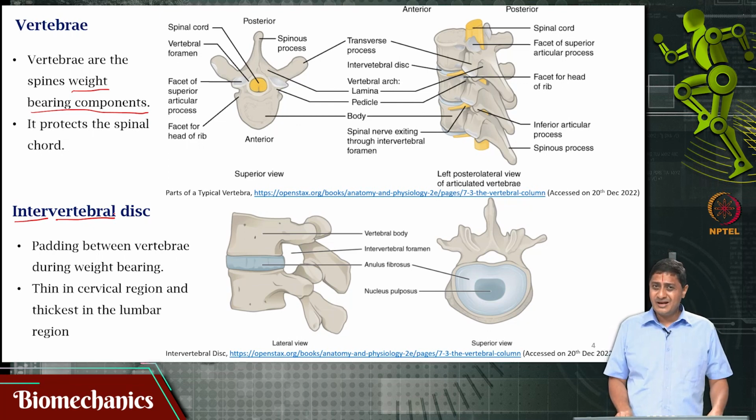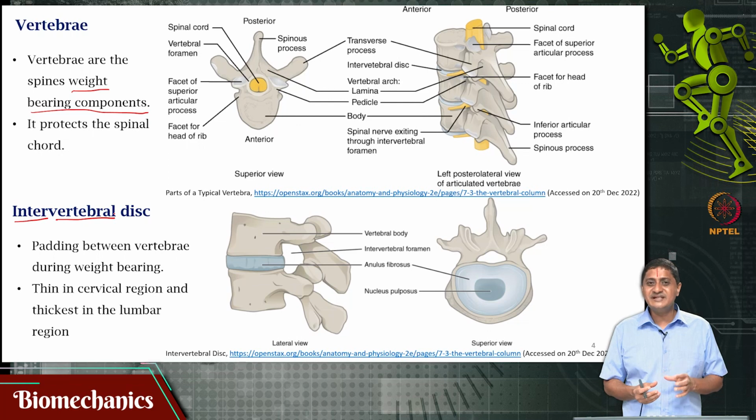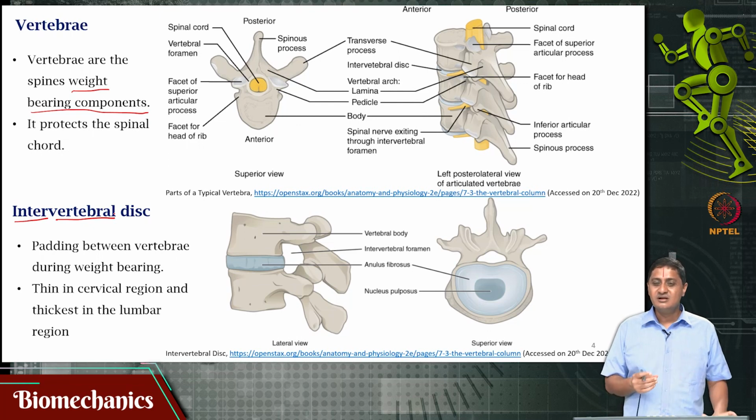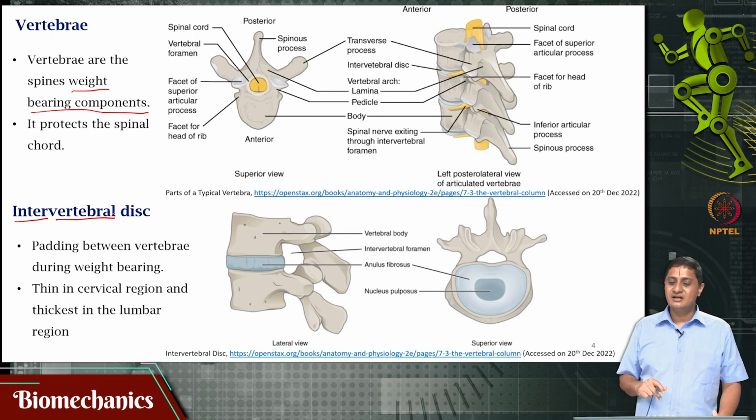The purpose is to provide padding between these vertebra and pass on the weight, helping in weight bearing. So, essentially to facilitate smooth transmission of the weight from the vertebra at the top to the vertebra at the bottom. If not, what happens?